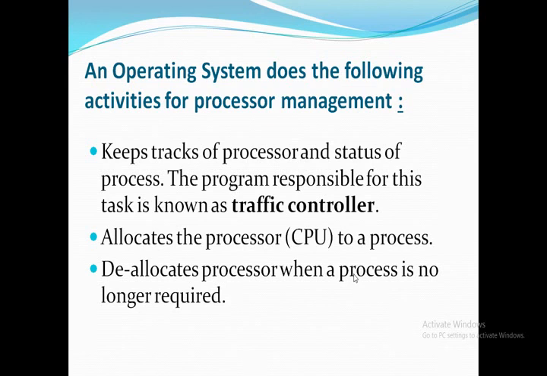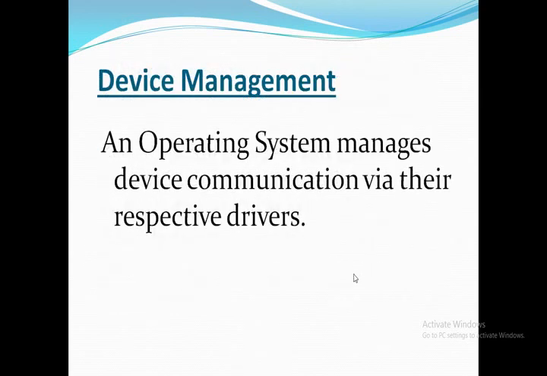It allocates the processor or CPU to a process, and deallocates the processor when a process is no longer required. So same as memory, here the operating system also keeps track of the processor and makes it available for performing any task. After completion of the work, it also deallocates the processor.